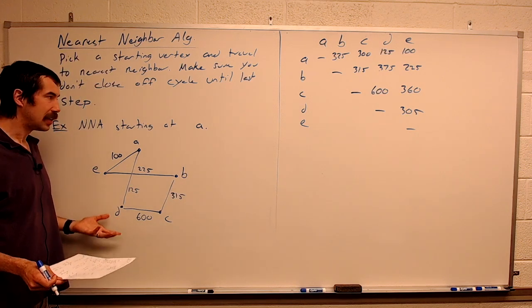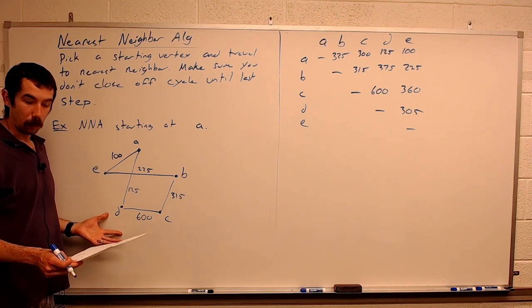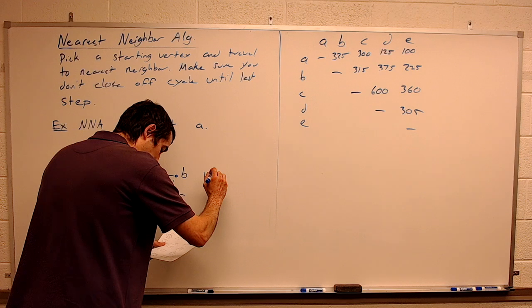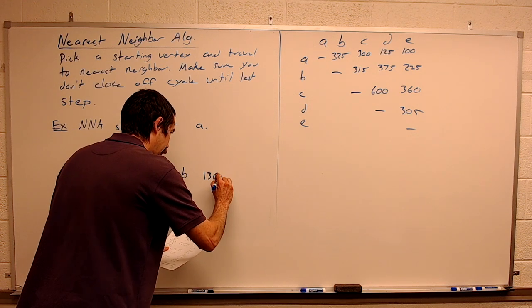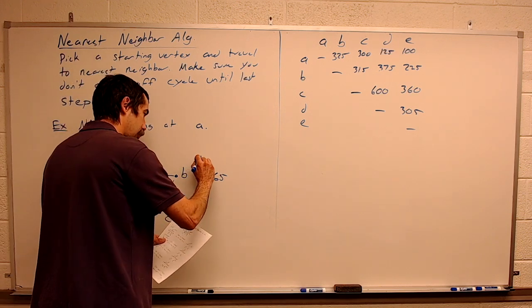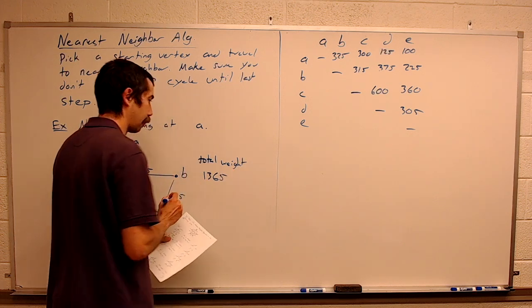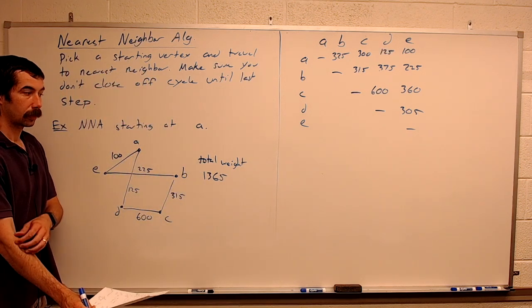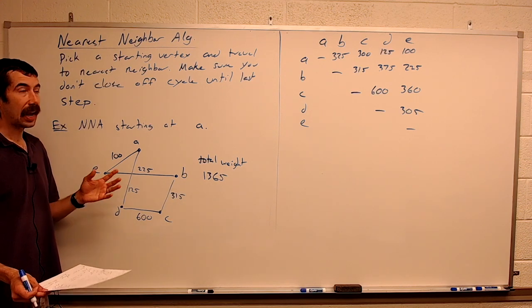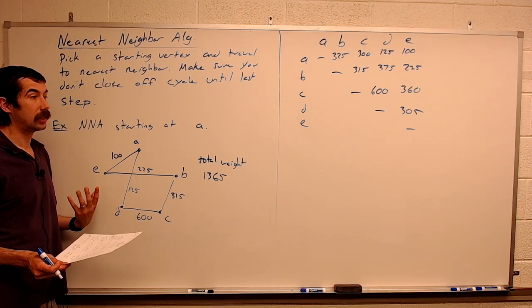All right, so when we did nearest neighbor starting at A, we got a total weight of 1,365, right? If we add up all of these numbers. If we started at a different vertex, we might get a different cycle with a different weight.